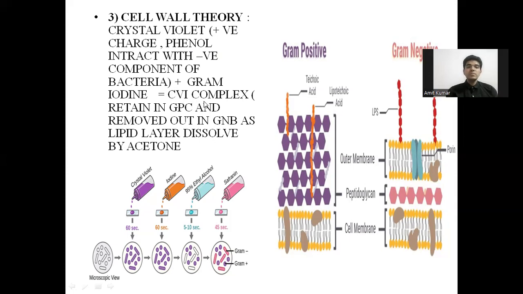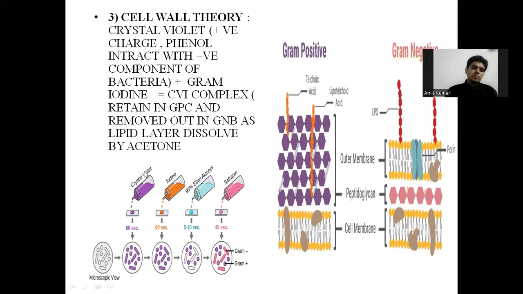So the CVI complex, the crystal violet iodine complex, is retained in gram positive bacteria and removed in the case of gram negative bacteria, as the lipid layer of gram negative bacteria gets dissolved by the action of acetone. So let's see how all these things happen.